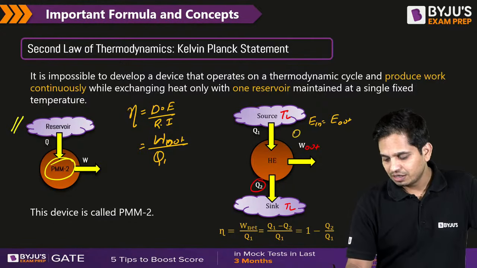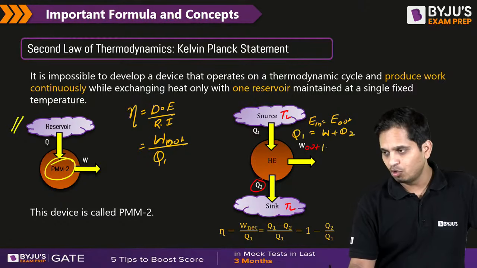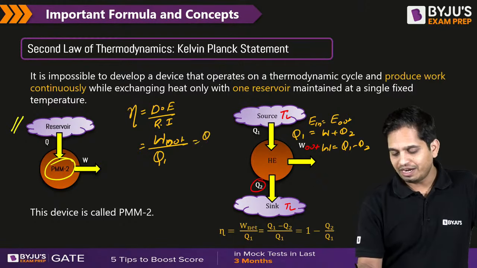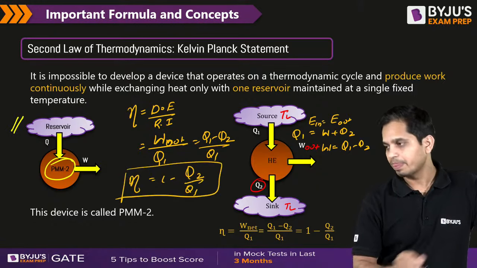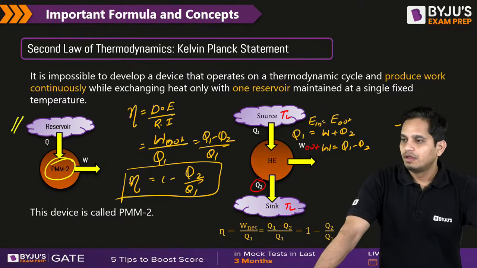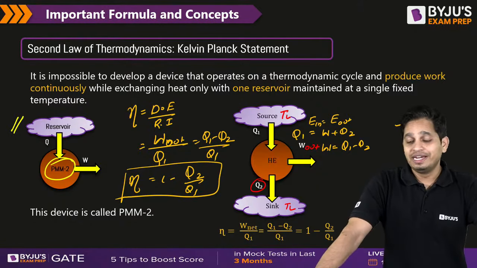Q1 is coming in and W is going out plus Q2 is going out. So what is W? Q1 minus Q2. I can write (Q1 minus Q2) by Q1, or I can say 1 minus Q2 by Q1. This is the efficiency for a heat engine.